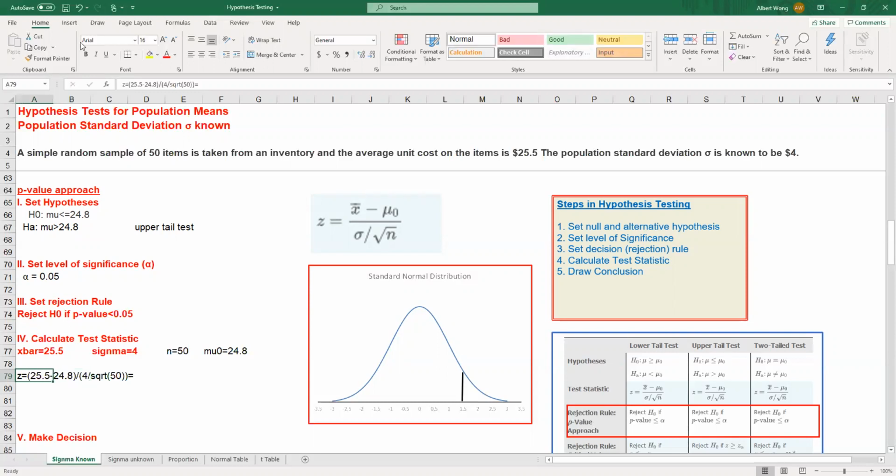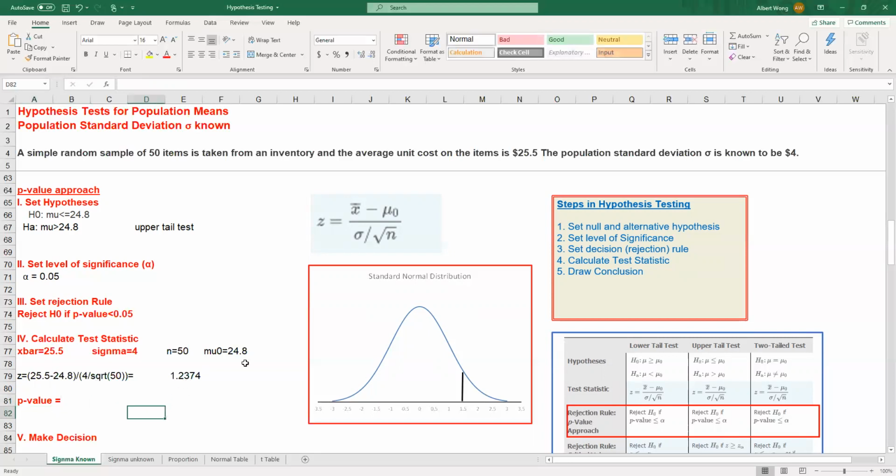Again, I'm going to allow Excel to calculate it by just copying down the formula here. And the number is equal to 1.12374. If you're using Excel, then you can just leave it as it is. If you're using the table, then you probably have to round to 1.12 because the table only allows you to look at 2 decimal places.